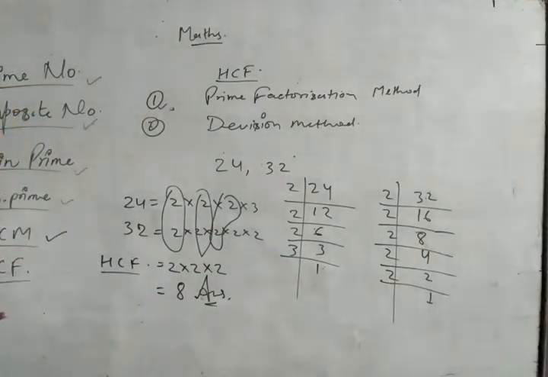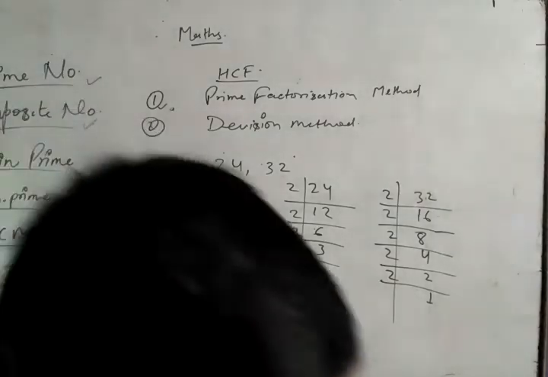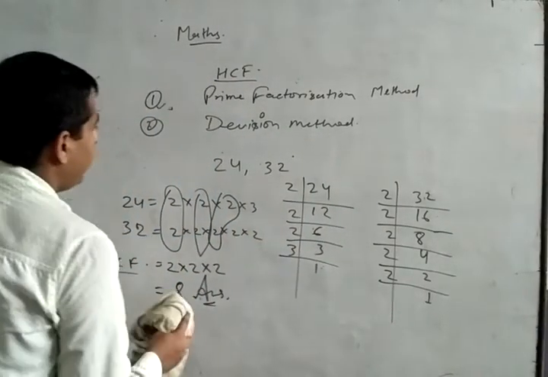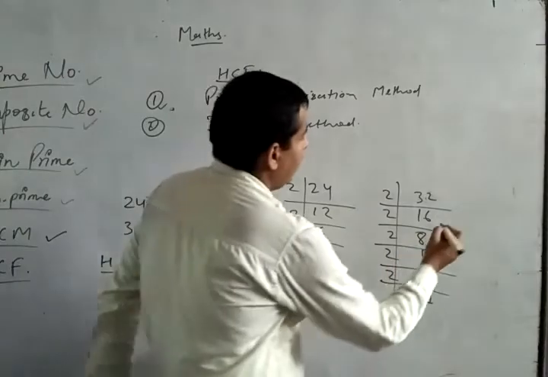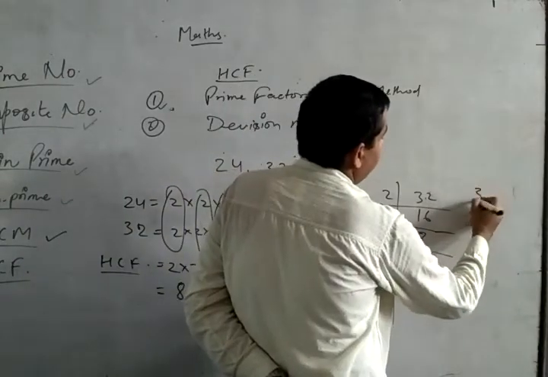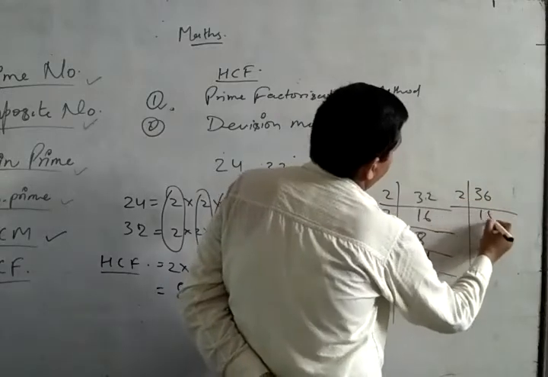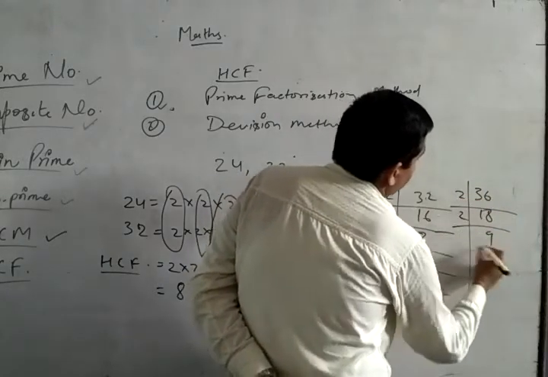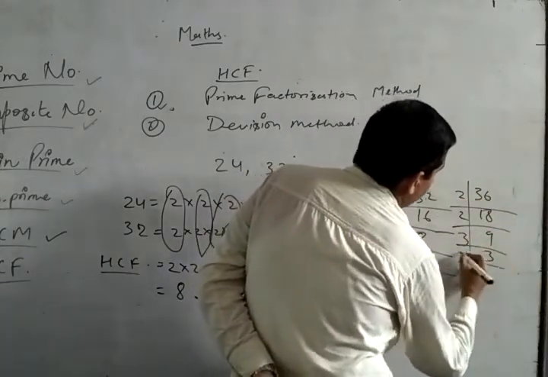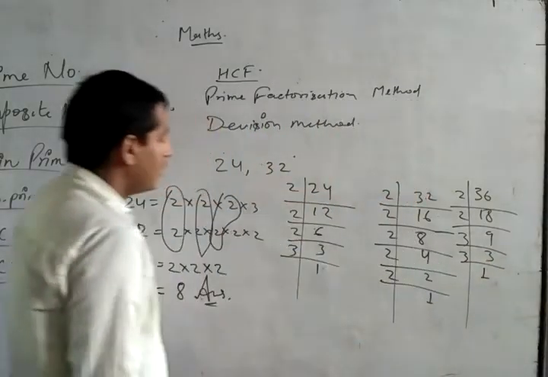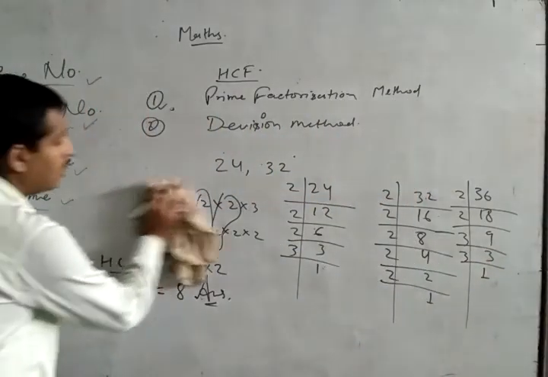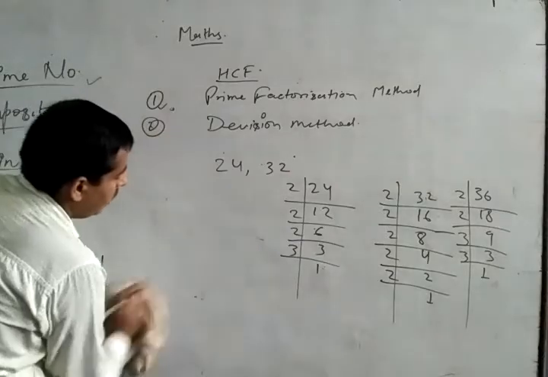Now, if more than two numbers are given, just take another number, that is 36. We will calculate the factors of it as well, like this, and we will calculate the HCF.